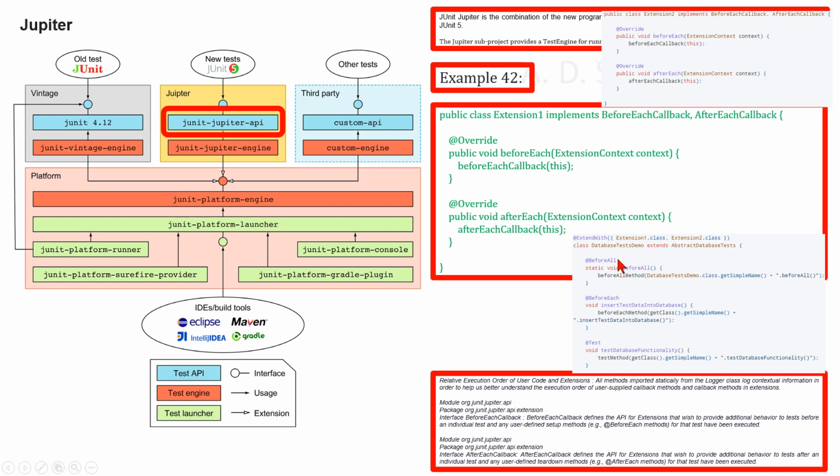Therefore, @BeforeAll methods from a superclass will be executed before @BeforeAll methods in the subclass. Similarly, @BeforeAll methods declared in an interface are inherited as long as they are not hidden or overridden, and @BeforeAll methods from an interface will be executed before @BeforeAll methods in the class that implements the interface.